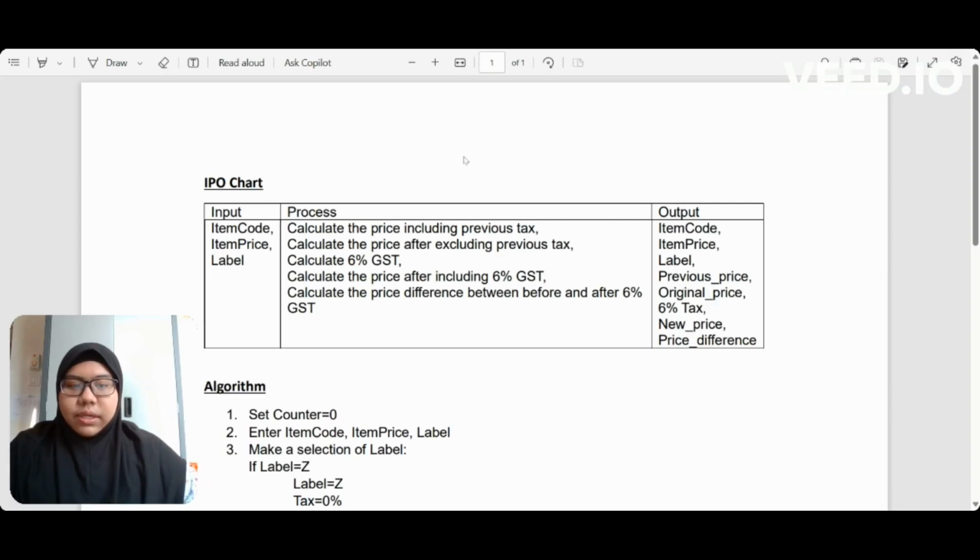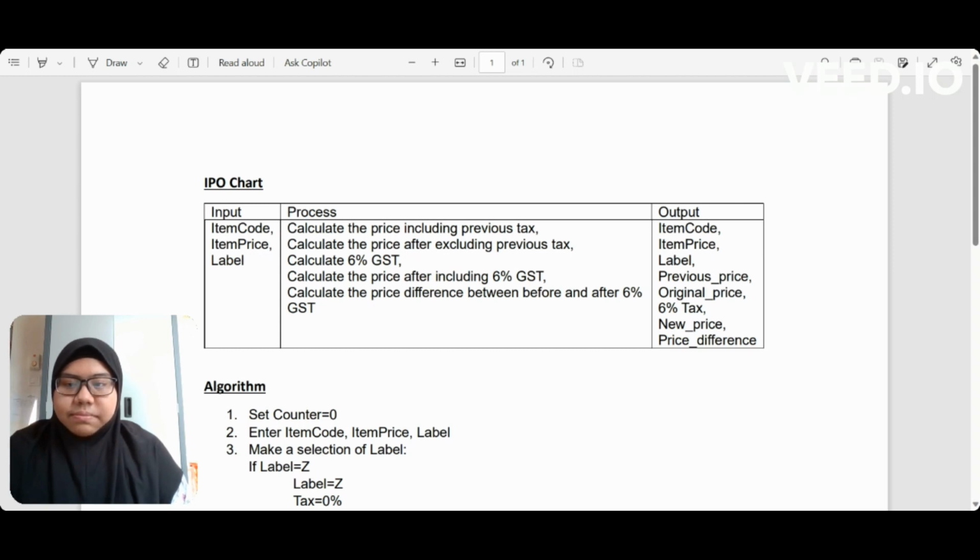Assalamualaikum. So today I'm going to explain the IPO chart. For the input, we've decided to put item code, item price, and label.